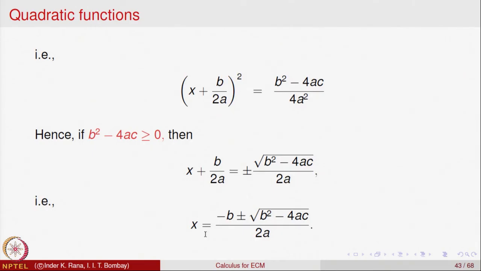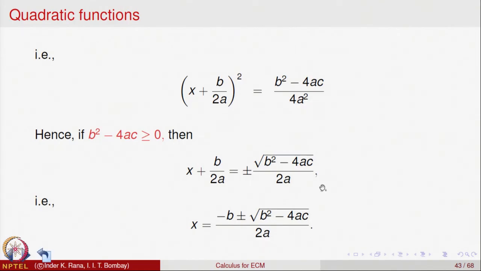That gives the value x = −b/2a, with this term taken to the other side, plus or minus the square root of b² − 4ac over 2a. So this gives you two values of x: x = (−b ± √(b² − 4ac))/2a.